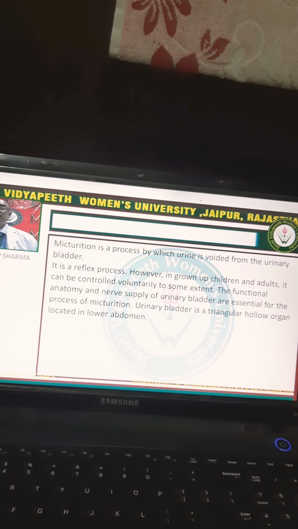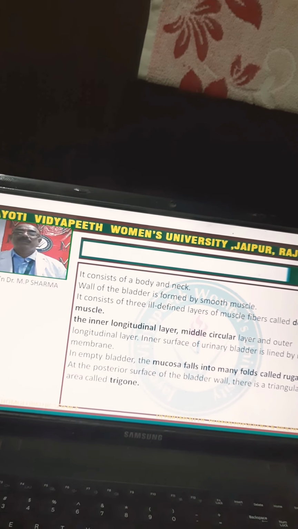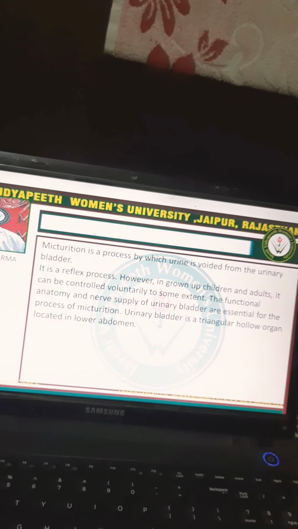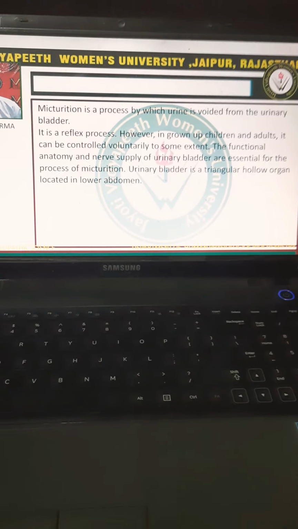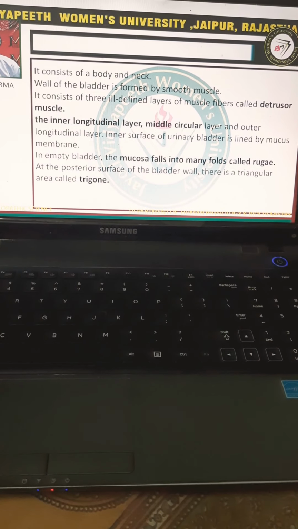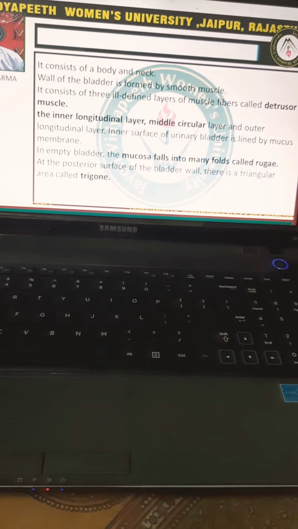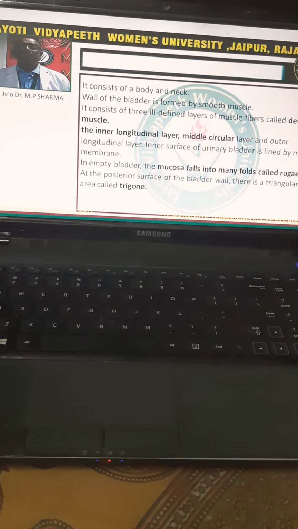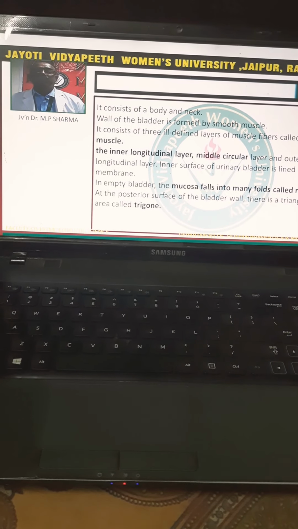Urinary bladder is a triangular hollow organ located in the lower abdomen. It consists of a body and neck. Wall of the bladder is formed by smooth muscle.